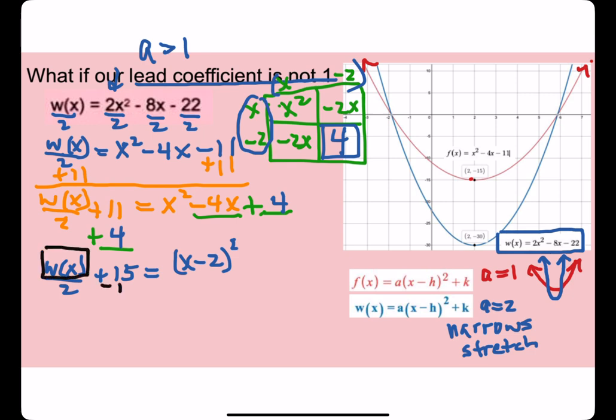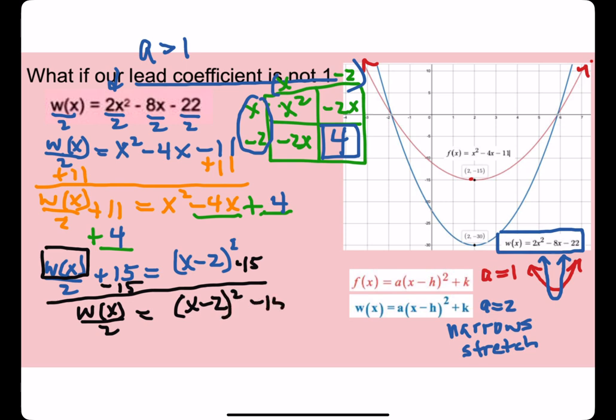I'm going to subtract 15 from both sides. So I'll get w of x divided by 2 equals x minus 2 squared minus 15.